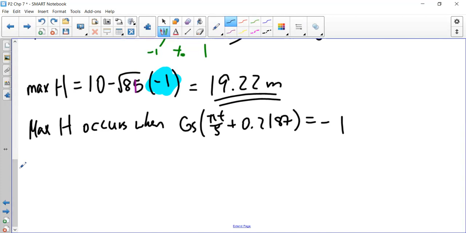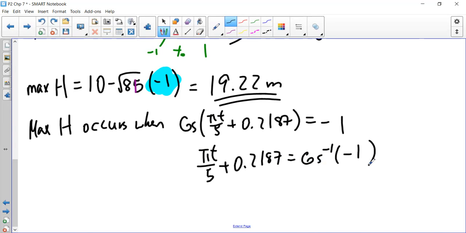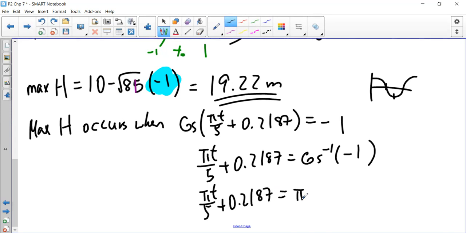So first of all, you take arc cos or inverse cos on the other side. Inverse cos of -1 is 180 degrees, which is pi. So pi t over 5 plus 0.2187 equals pi.